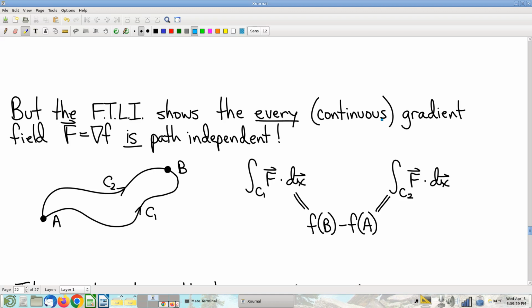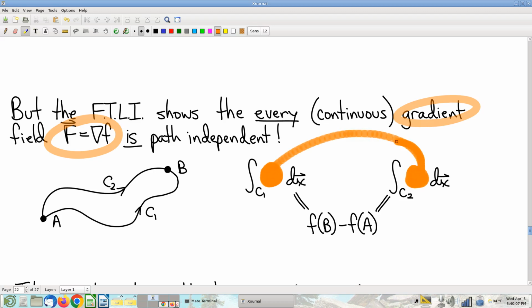That said, let's look now at gradient fields. Specifically, these vector fields that I'm interested in here are gradients. And I claim that if I have two curves that start at the same point and end at the same point, we're going to get, believe it or not, the same value for the line integral there.